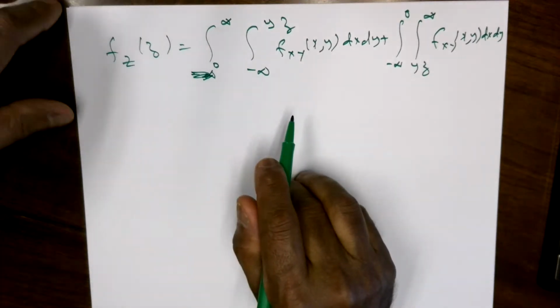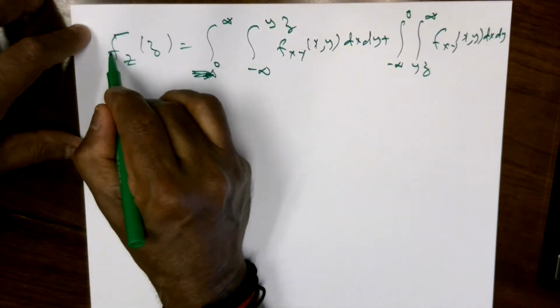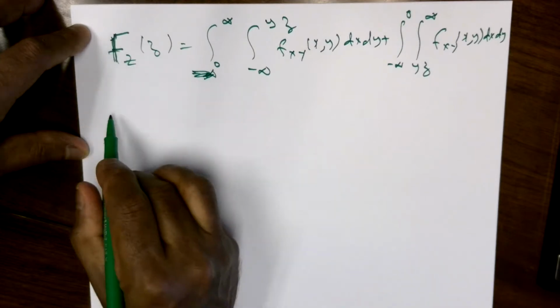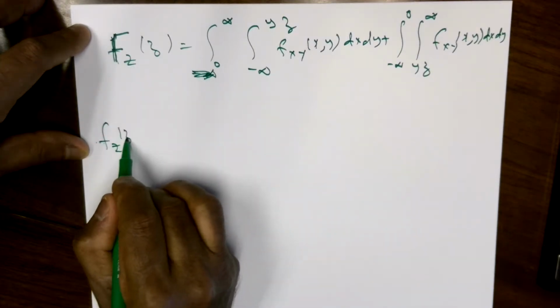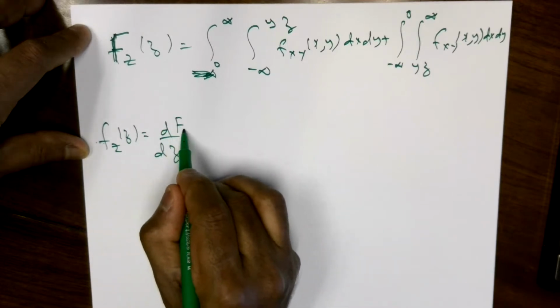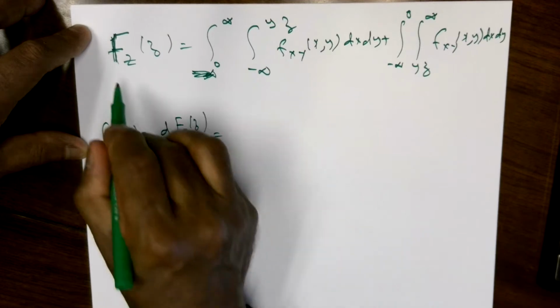This is capital F_Z, by the way, the distribution function. So now we need small f_Z(z), so that's the derivative of the big F_Z, the distribution function.